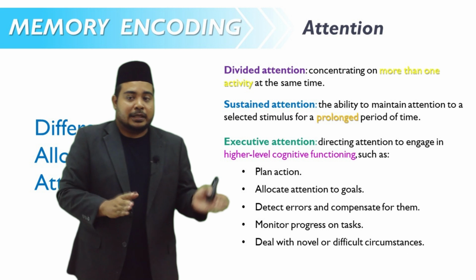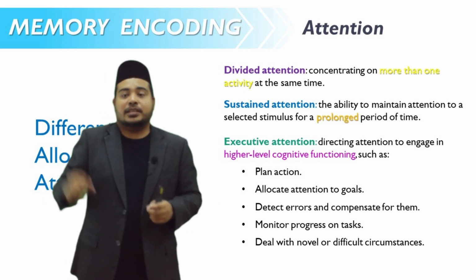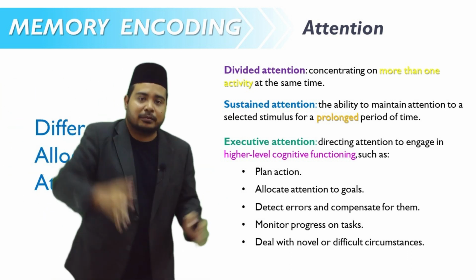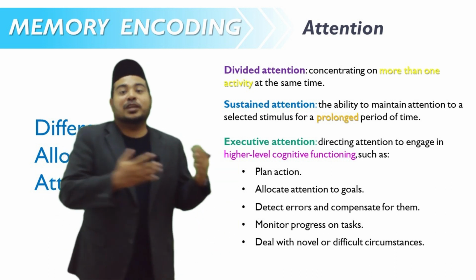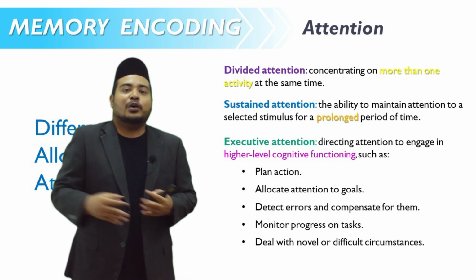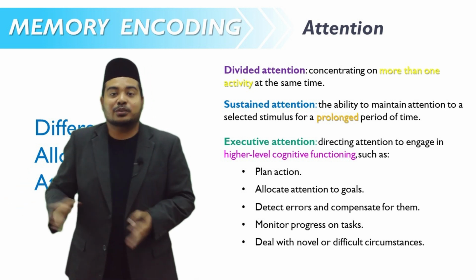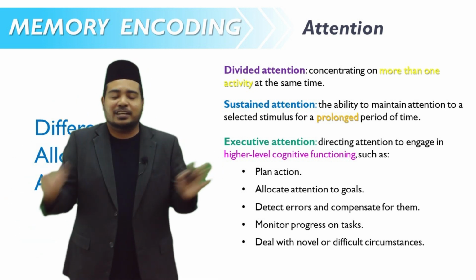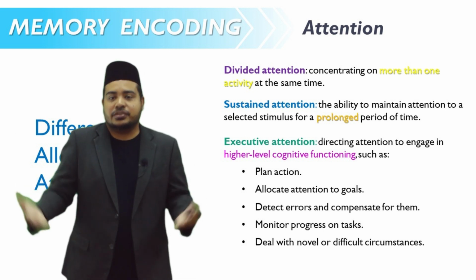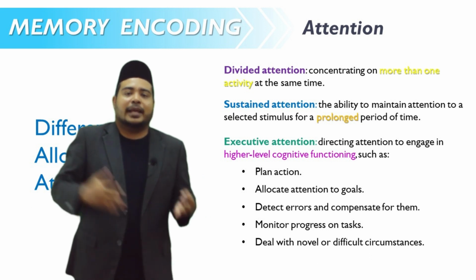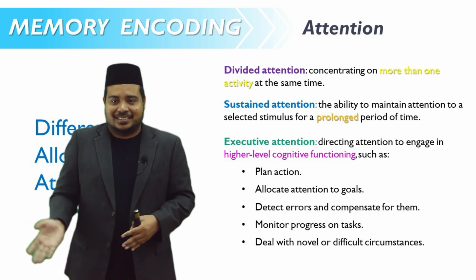So you are paying attention to writing as well as to listening. On top of that, your friend is asking what you want to eat for lunch, and how you are going to go back home after class. So you have so many things to focus on. Divided attention is concentrating on more than one activity at the same time.